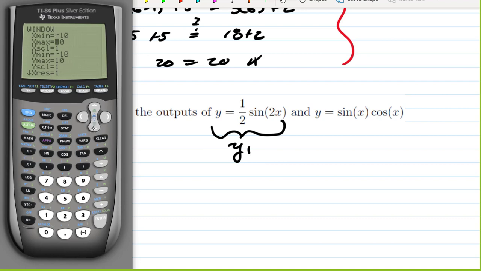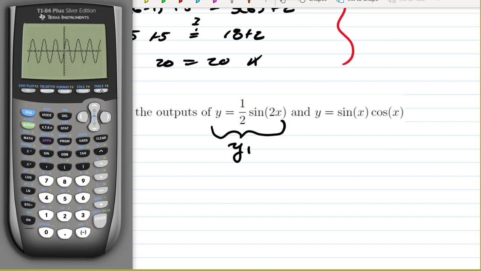I'm going to leave my x max and x min how they are, but change my y max and y min to 1 and -1, and change my y scale to 0.1. Now when I graph, I see my sine function, and it bounces up and down as we would expect with a period of pi.